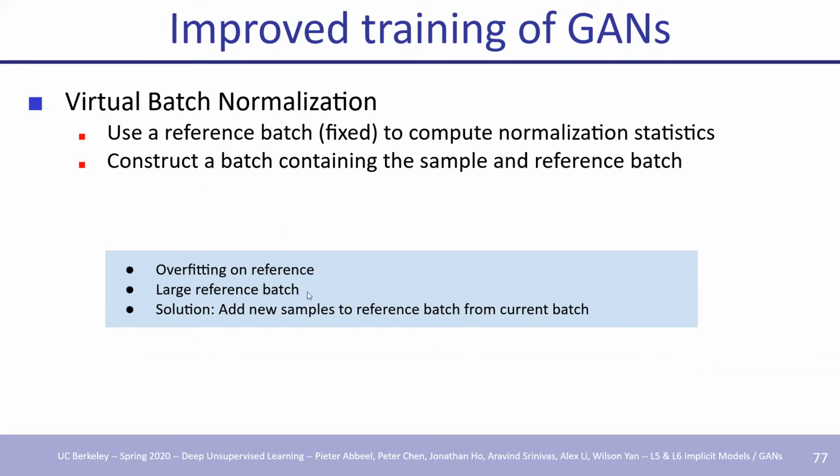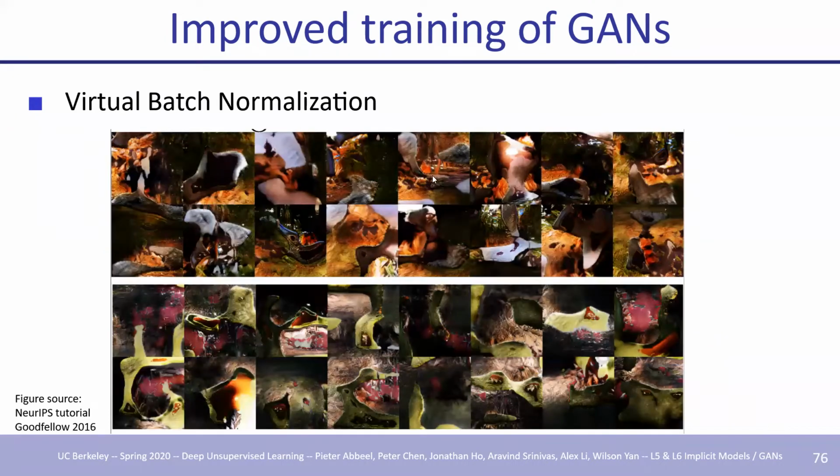So both are problematic. So you add the current samples into the reference batch to create a new batch for normalization. Otherwise, it generates very similar looking images, with similar colors.